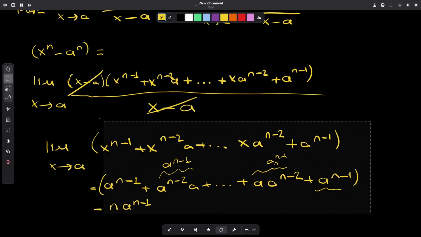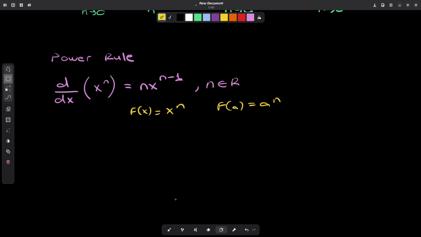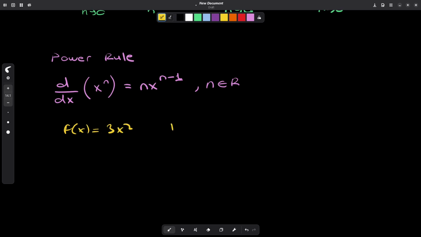Let's try some examples of this so we get used to the applications of it too. Let's say f(x) is equal to 3x squared. Oh, we didn't learn the constant rule yet, right? So x squared, x cubed, let f(x) be x to the fifth power.